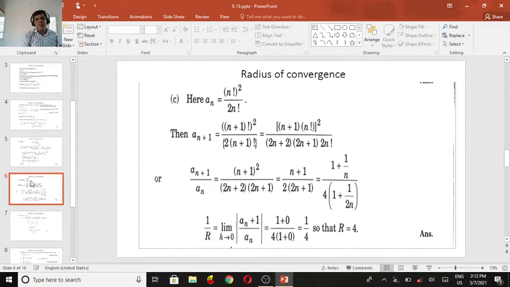So expanding (2n+2) factorial, I can write (2n+2), (2n+1) into (2n) factorial. Again, I apply the ratio test formula.